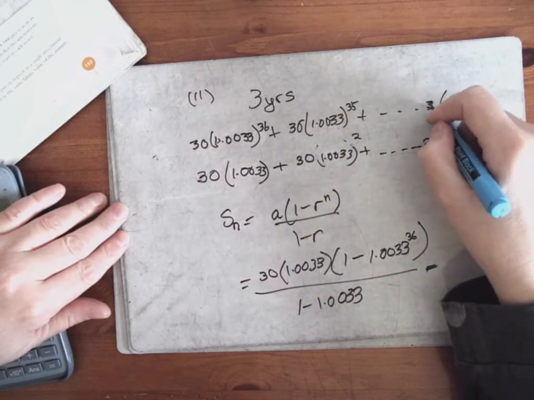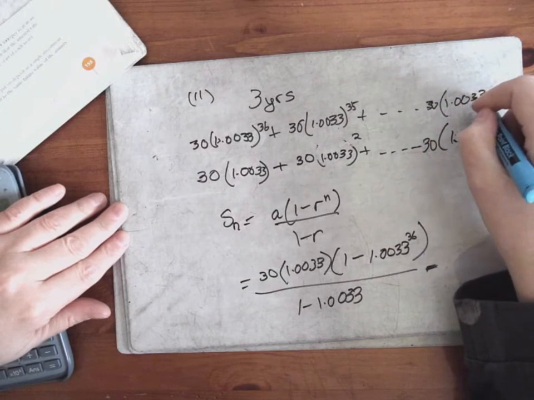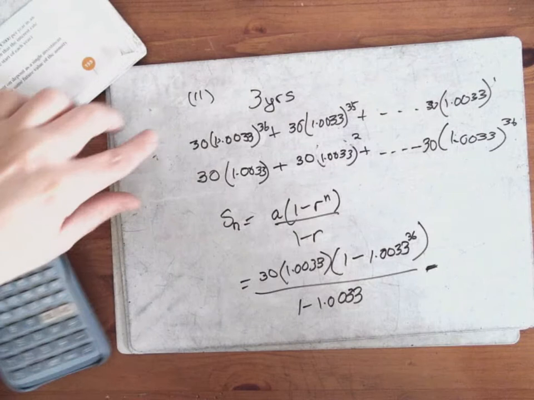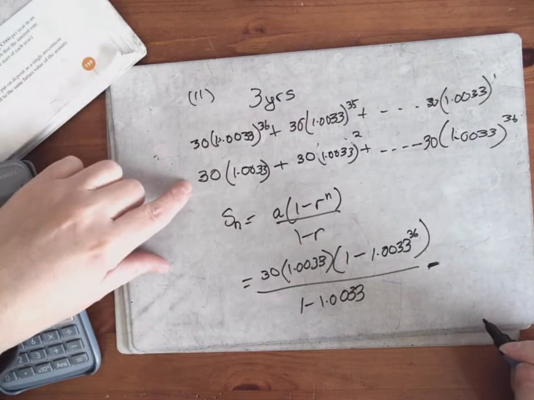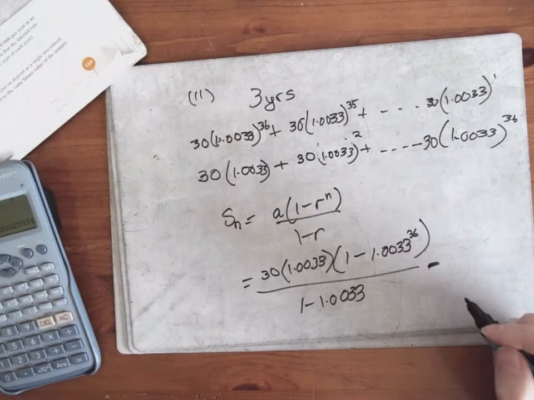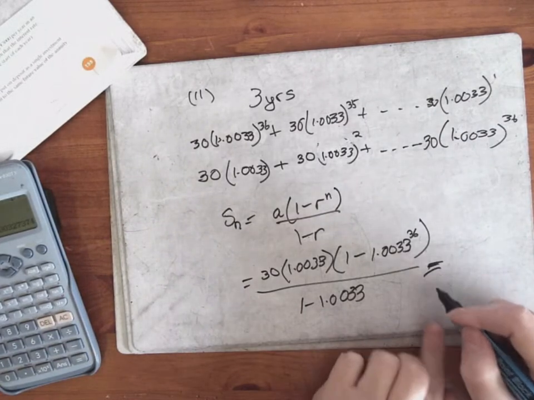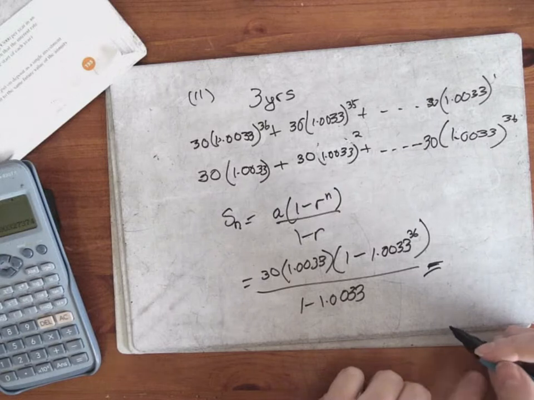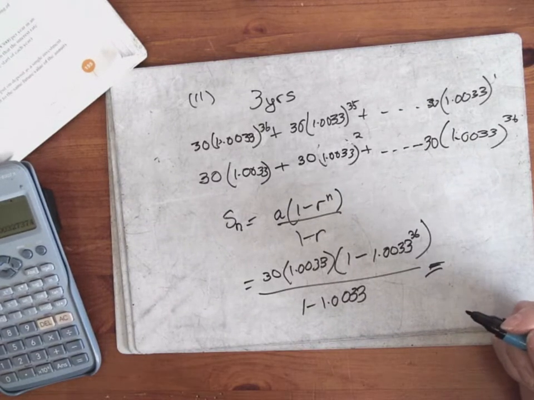So technically it should be written backwards first if you're thinking about what actually happened, but I wrote it this way to start with. Is that right? Any questions? You're okay calculating that in the calculator yourselves, yeah? Okay, thanks. That was number 2.